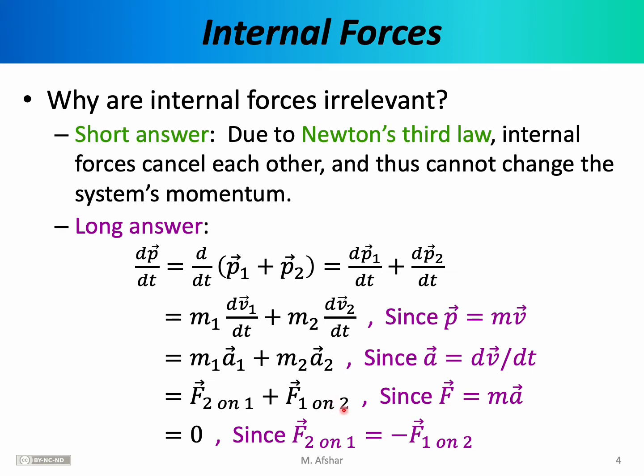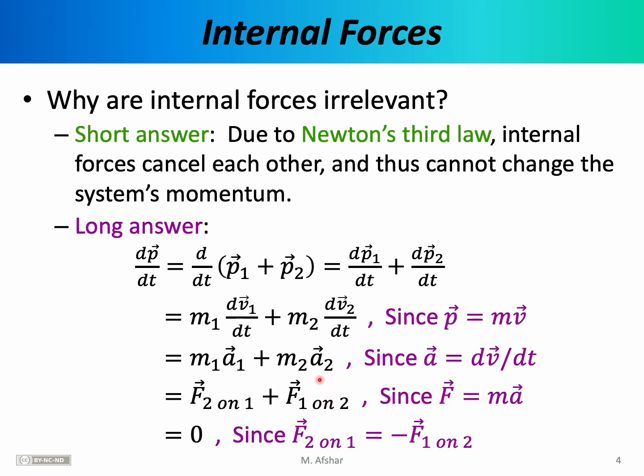Now we are assuming that in these collisions the system is isolated, so there are no other forces involved except the force of 1 on 2 and the force of 2 on 1. So M1A1 ends up being the force of 2 on 1, and M2A2 ends up being the force of 1 on 2. According to Mr. Newton's third law of motion, these two forces must be equal and opposite.